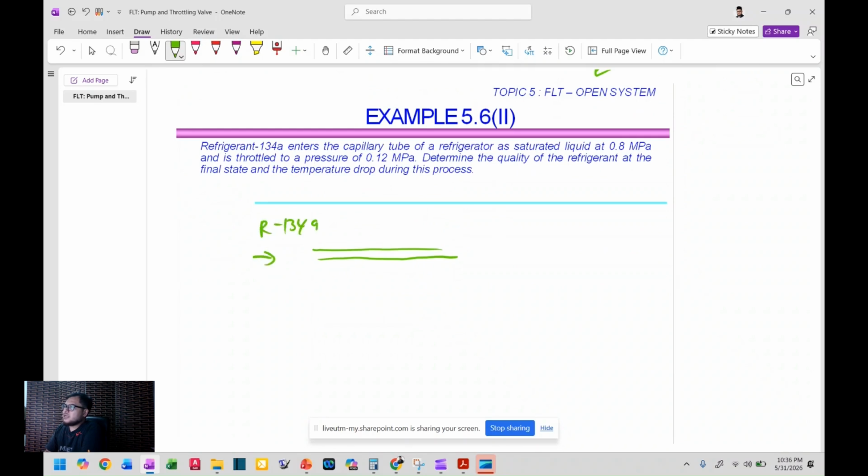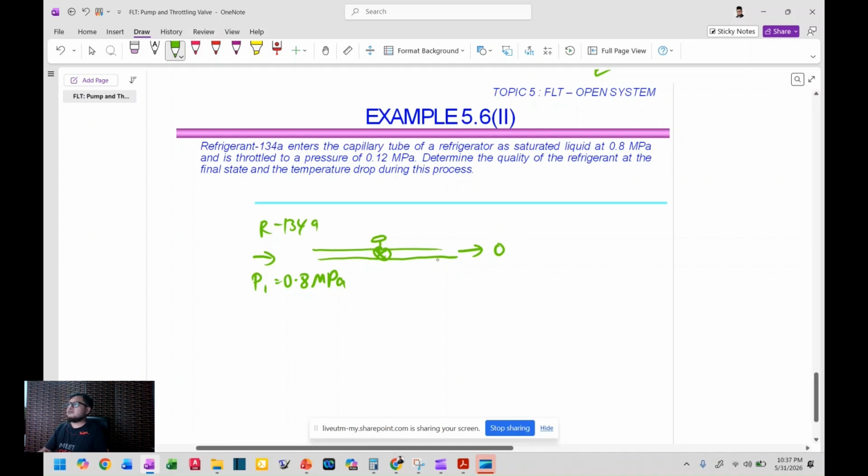134A enters at P1 is 0.8 megapascals and is throttled. There is a throttling valve somewhere in the middle, okay, to a pressure of 0.12 megapascals. You know what? I'm going to convert every single thing in kilopascals.